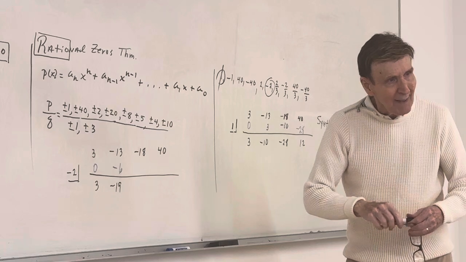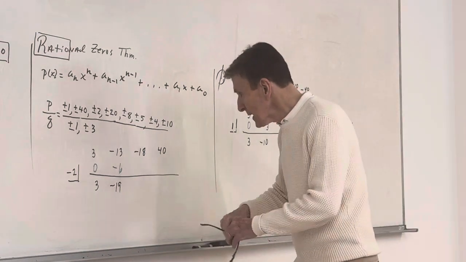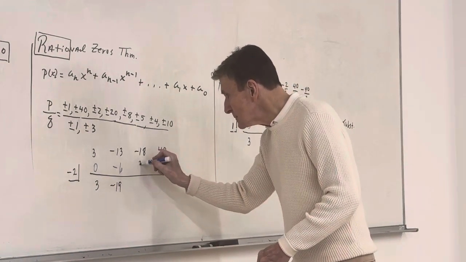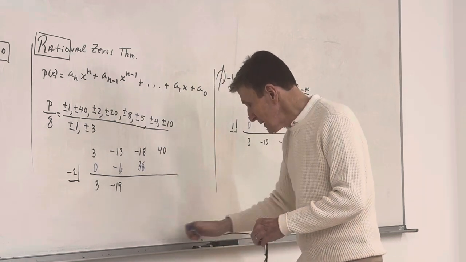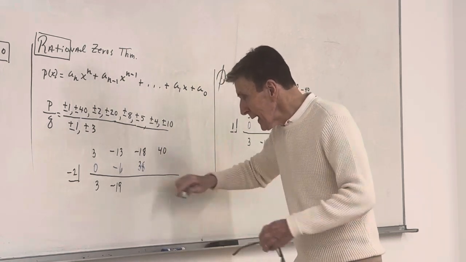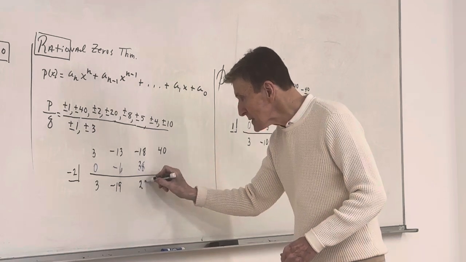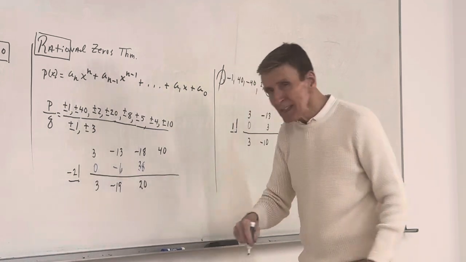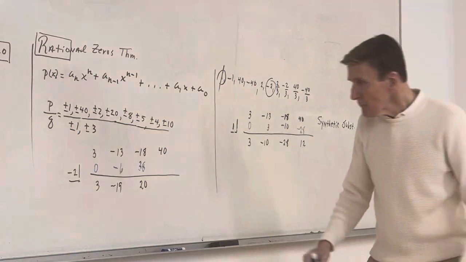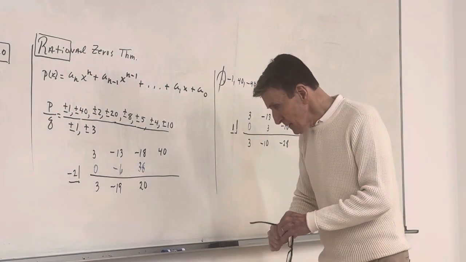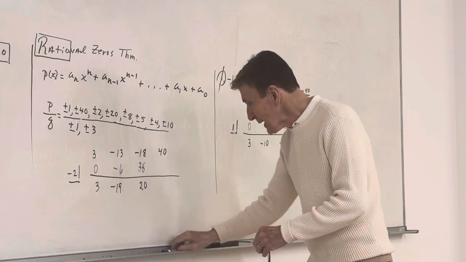Positive 38. That goes here. Add those up, I think it's 20, is it? And the outside number times negative 20 tells me what goes underneath that last number. Is that negative 40? And that goes here.